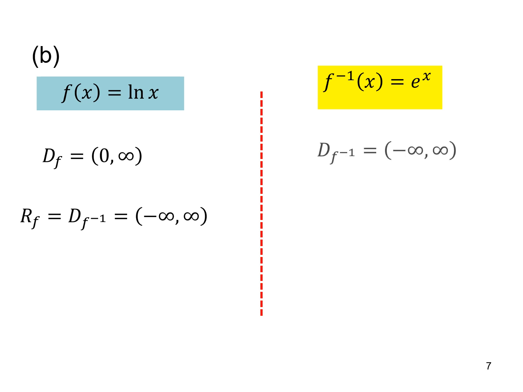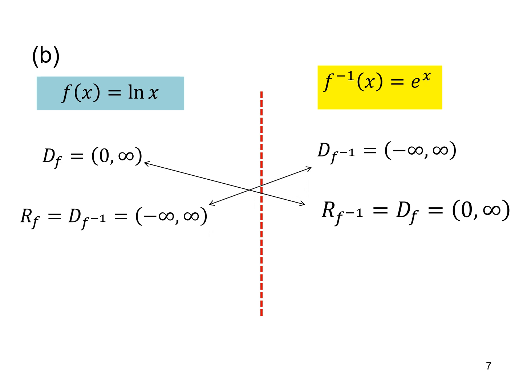So the domain of f inverse is always real, which is negative infinity to infinity, and the range of f inverse is 0 to infinity. So from here we can see that the domain of f equals the range of f inverse, and the range of f equals the domain of f inverse.